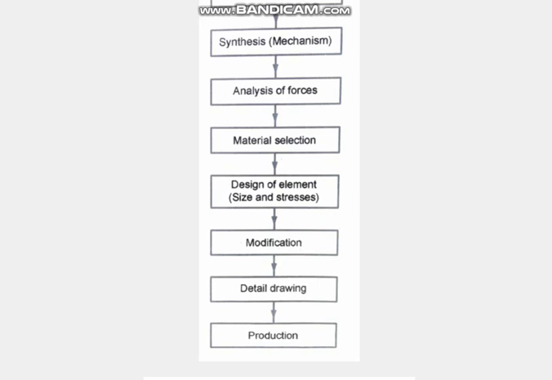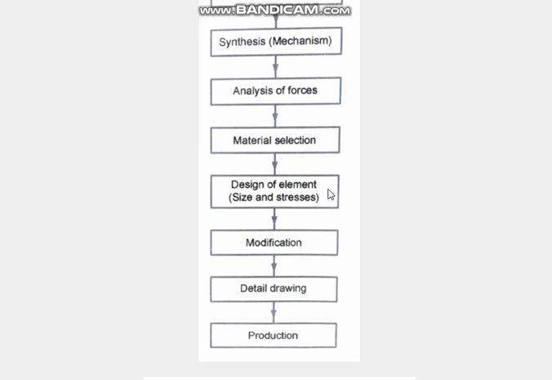Then the fifth step, which is the most important from the subject point of view, is the design of elements. That means, as given in the bracket, size and stresses. You are going to find out what should be the size of each member, how big it should be. How will you decide?